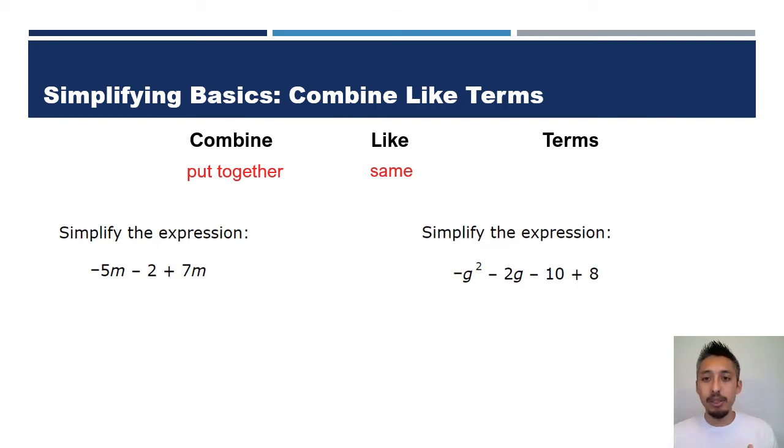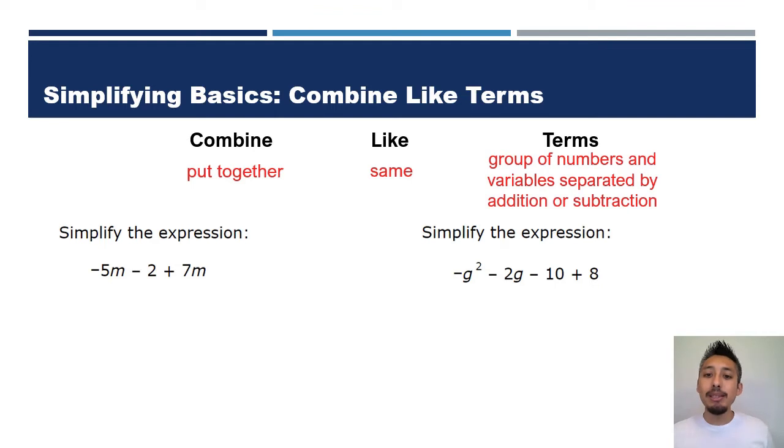And in algebra, the word term or terms, it means a group of numbers and variables that are separated by addition or subtraction. Let's talk about that word term a little bit more with the two examples that we see below. For this first one here on the left side, we have negative 5m, negative 2, and a positive 7m.